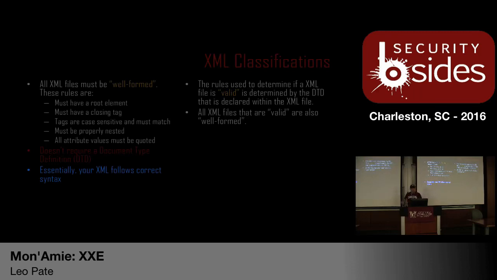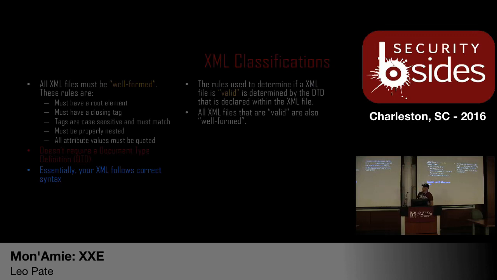They must be properly nested, and all attribute values must be quoted. But it doesn't require a document type definition, which we're going to cover in a couple other slides. Essentially, if your XML document is well-formed, then it just follows correct syntax put out by the standards bodies.